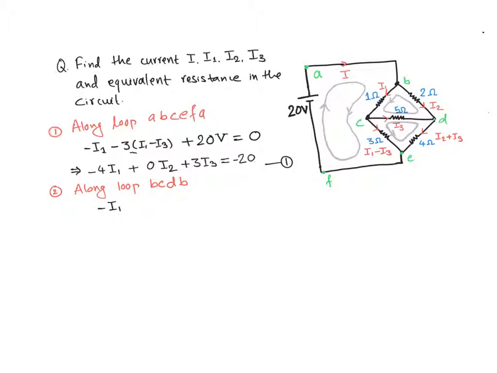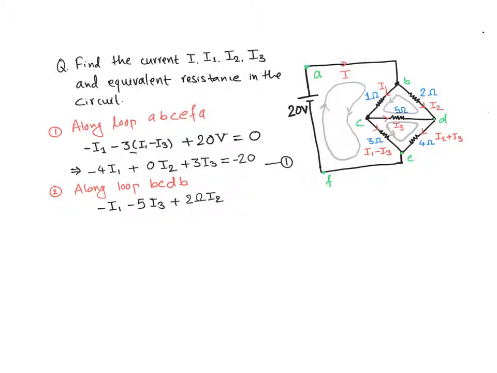We are moving along the direction of current, and from point C to D along branch CD, we are moving along the direction of current, resistance 5 ohm, so the voltage drop is negative 5 times I sub 3. From point D to B, you notice that we are moving opposite to the current, so the voltage drop is positive, resistance 2 ohm and current I sub 2.